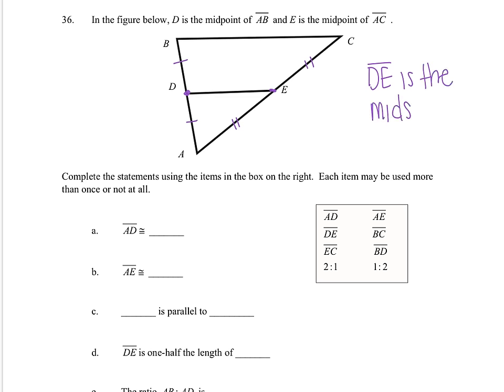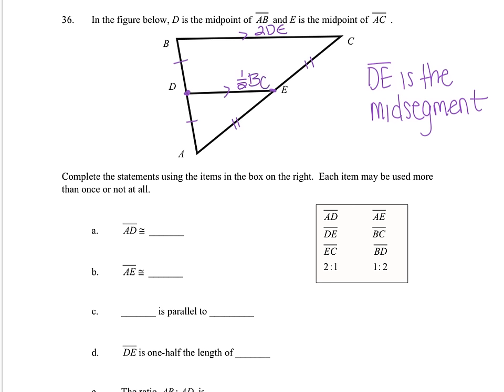So this also tells us that DE is parallel to BC, and the length of BC is going to be twice the length of DE. So this is going to be 2 times DE. Or DE is going to be half the length of BC.